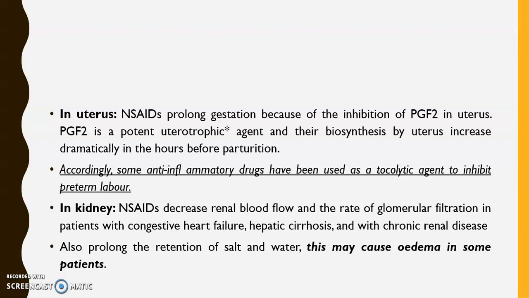Now in kidneys, NSAIDs decrease renal blood flow and rate of glomerular filtration in patients with congestive heart failure, hepatic cirrhosis and with chronic renal disease. Thus, this may cause edema due to retention of salt and water in some patients.